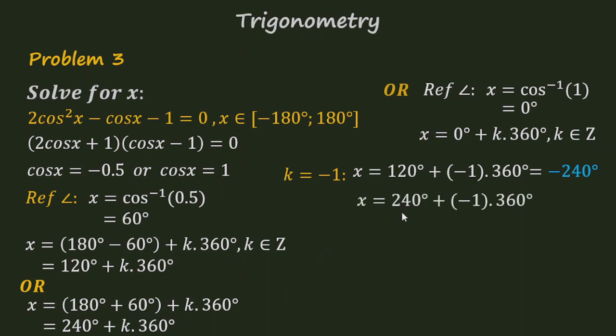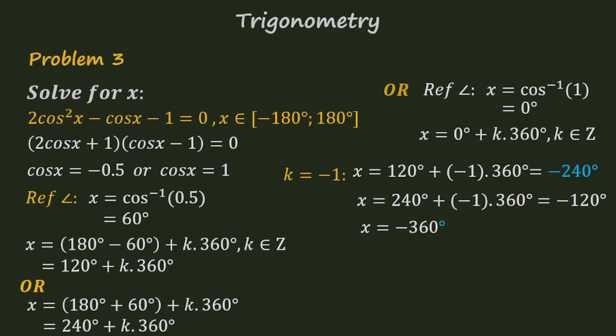When we substitute k equals -1 in this, we get minus 120, which falls within this interval, so it will be our solution. Then we substitute -1 in that, and we get minus 360 degrees, which is outside of the interval.